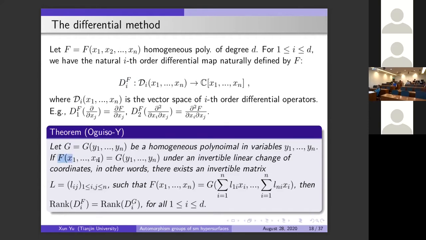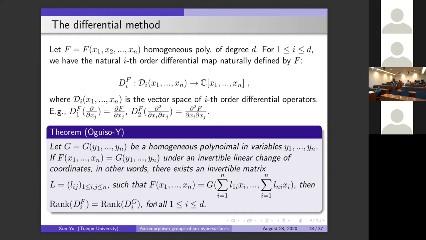If F equals G under a certain invertible linear change of coordinates, in other words, suppose you have some matrix L such that F equals G after this change of coordinates, then the rank of D^s F equals the rank of D^s G for all s. Essentially, that means the rank is an invariant of the polynomial, invariant under the linear change of coordinates.